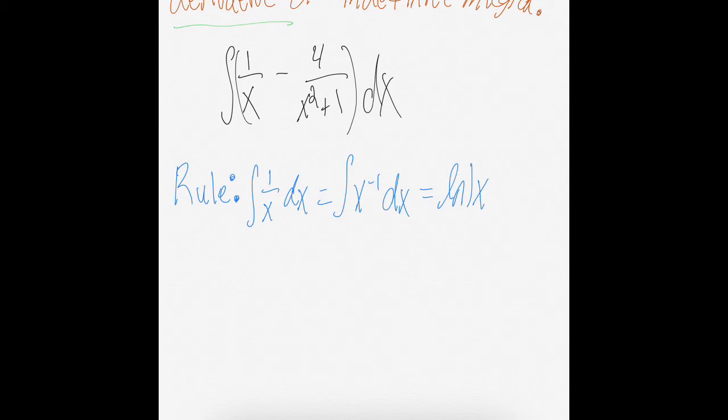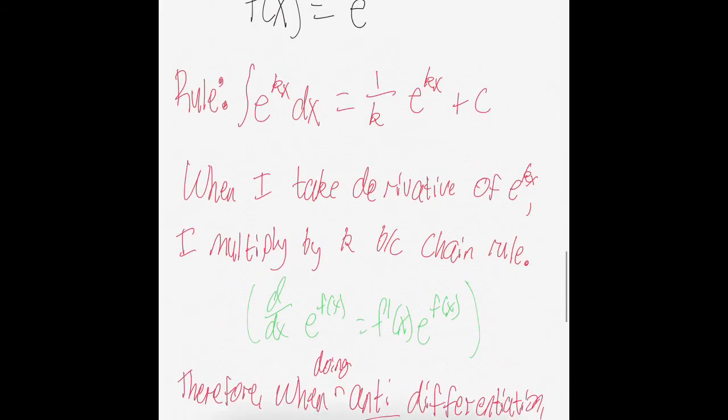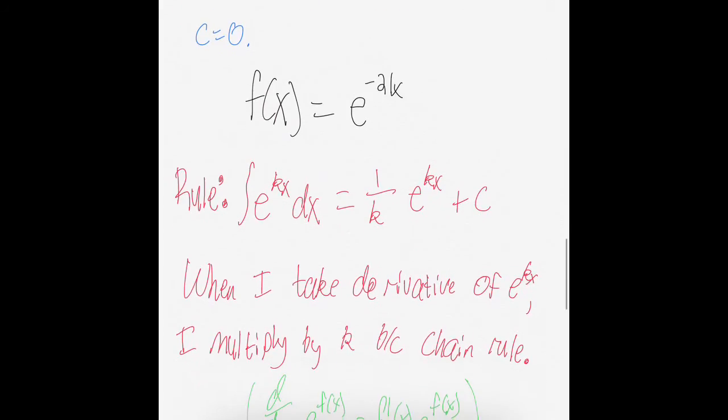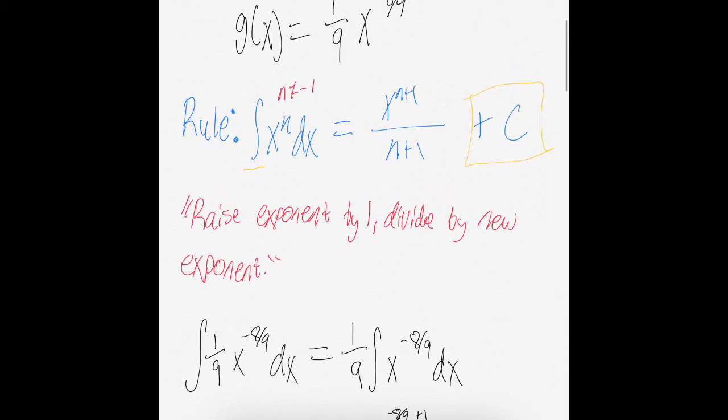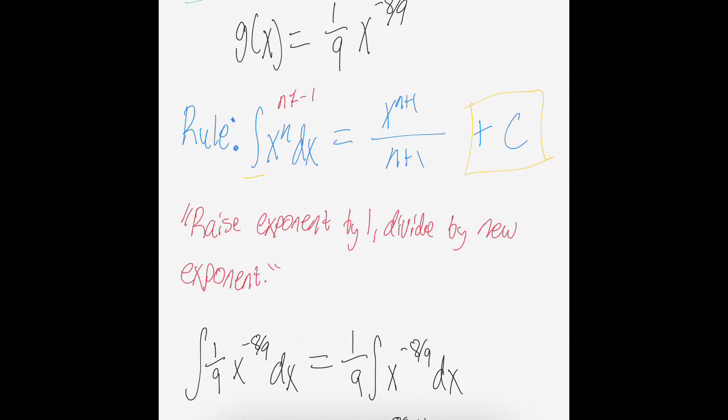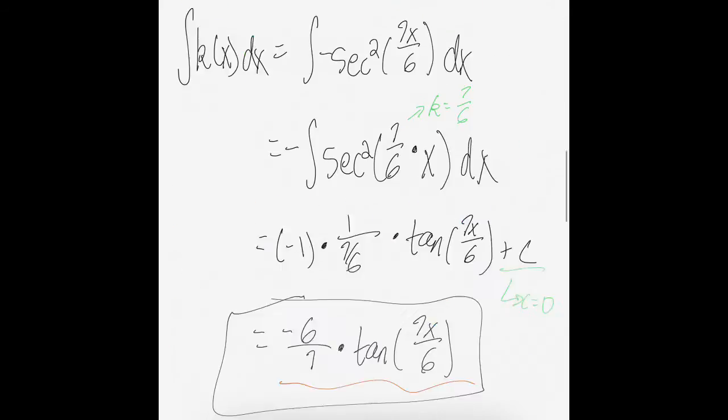So the antiderivative of 1 over x dx, I'm going to also write this as the antiderivative of x to the negative first dx. Notice that these two things are just the same. I haven't actually written anything new yet. This is the natural log of the absolute value of x.